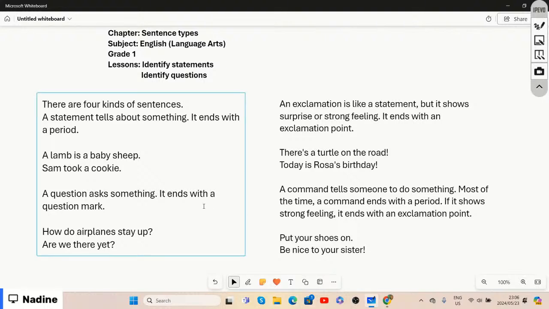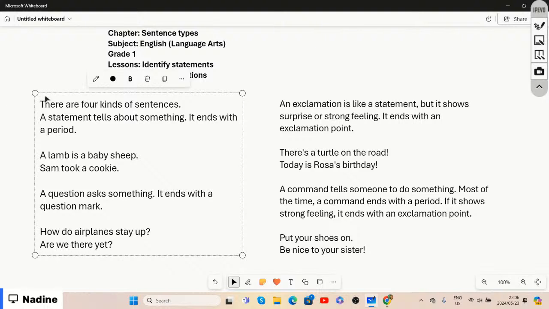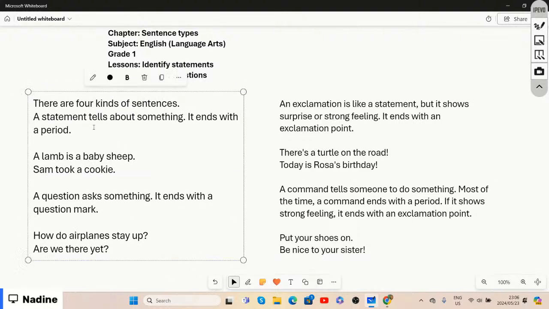All right. So there's four different kinds of sentences. We have a statement, a question, a command, and an exclamation sentence.